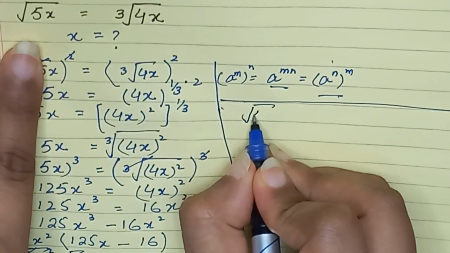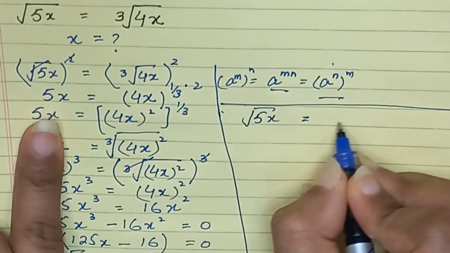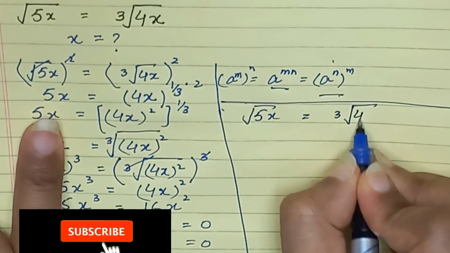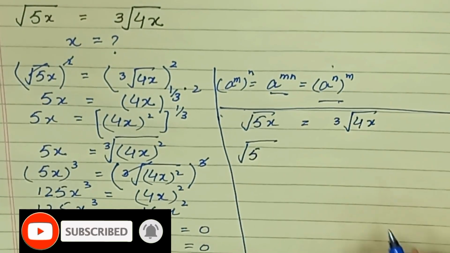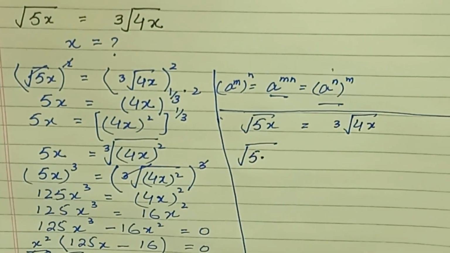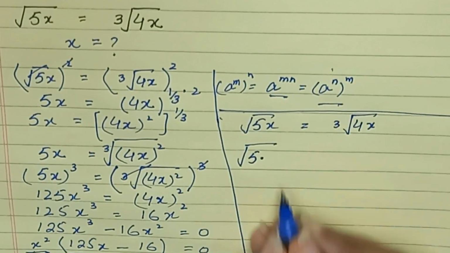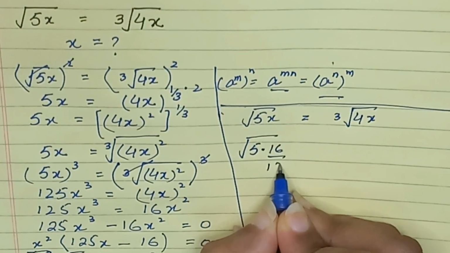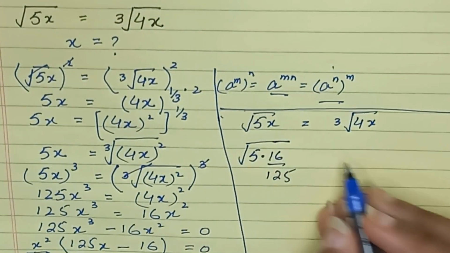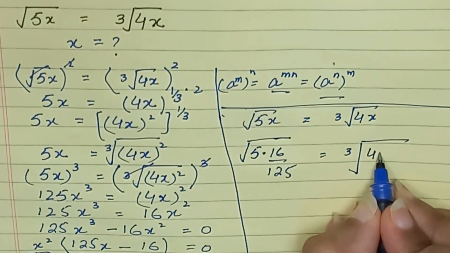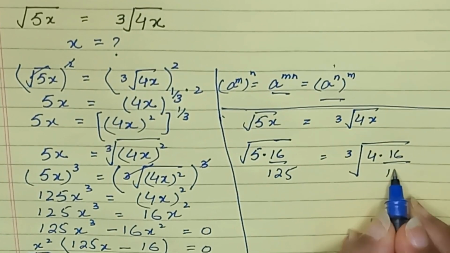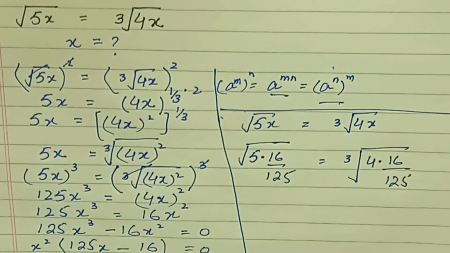So we have the given equation, square root of 5x which is equal to cube root of 4x. So it will become square root of 5 times 16 divided by 125, which is equal to cube root of 4 into 16 divided by 125.